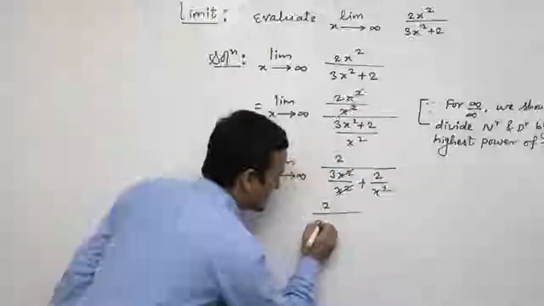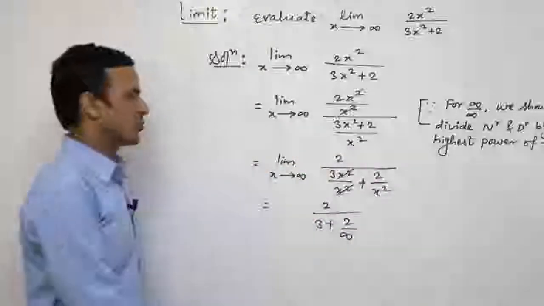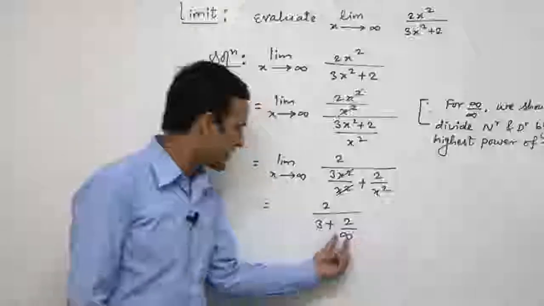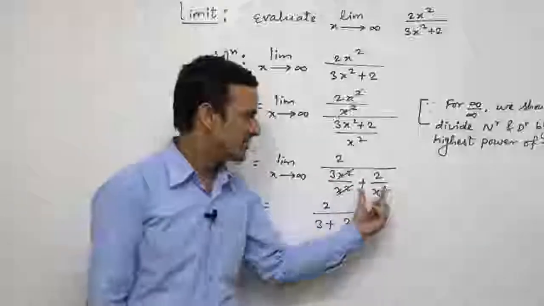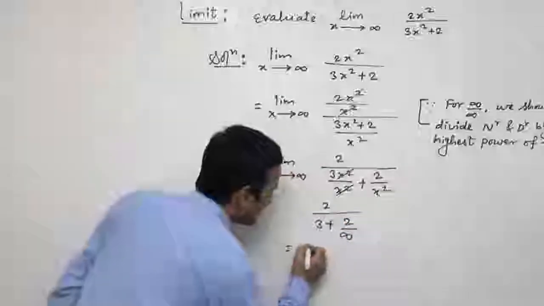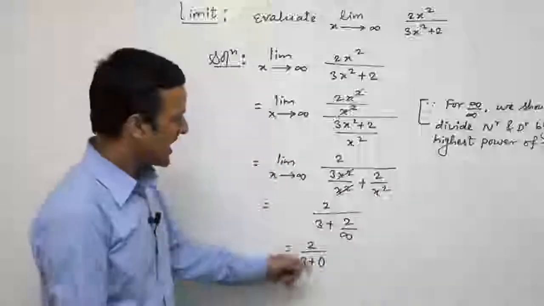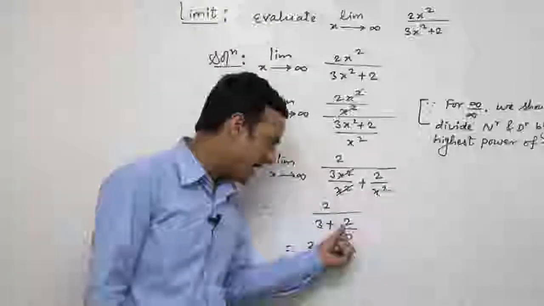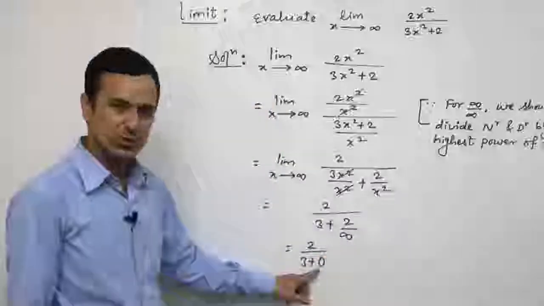So 2 upon 3 plus 2 by infinity. Now we substitute the value of x in this denominator. If we solve it, then we get 2 upon 3 plus 0. As you know, some finite number divided by infinity is always 0.